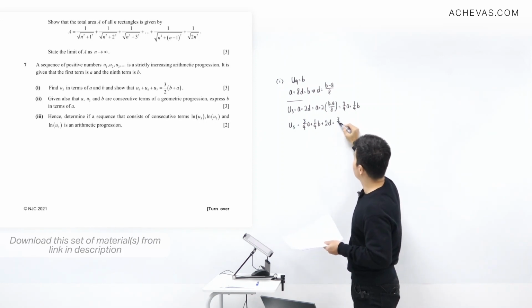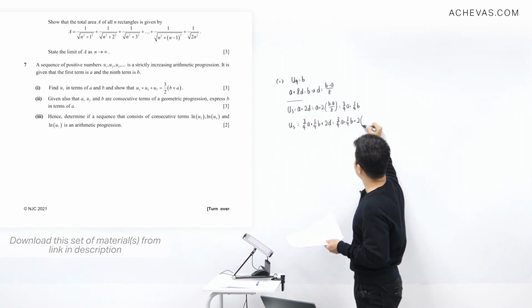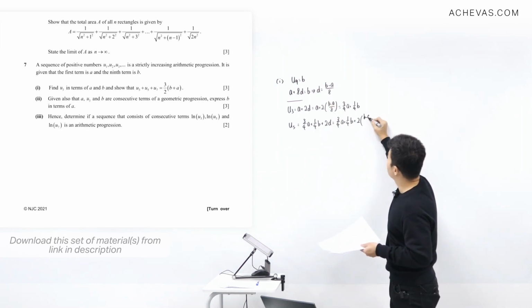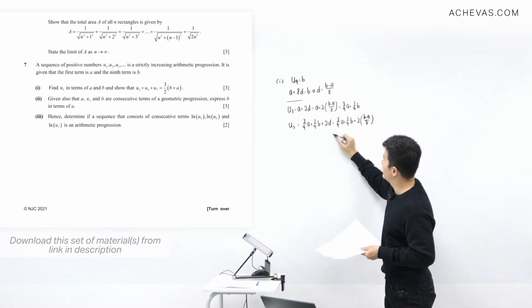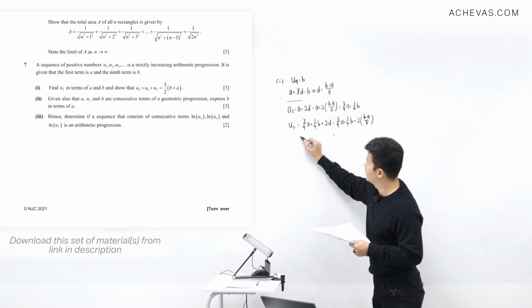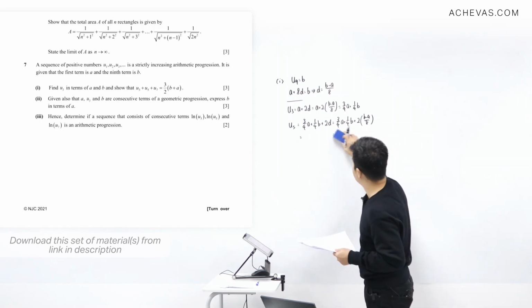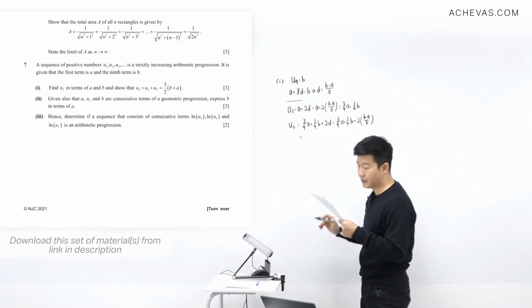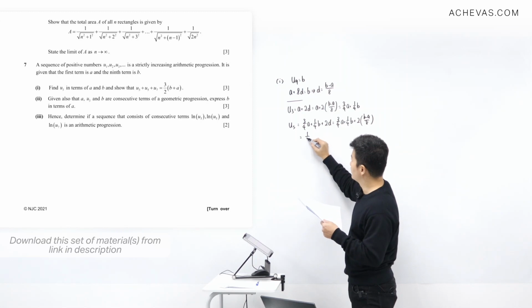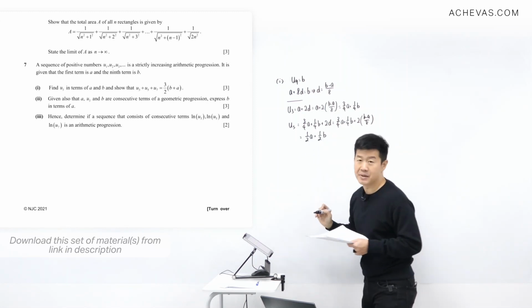So this is going to be 3 over 4 a plus 1 over 4 b plus 2 times (b minus a) over 8. And this will give me u5. Let me just write it down here. If I were to simplify it, u5 is going to be equal to 1 over 2 a plus 1 over 2 b.